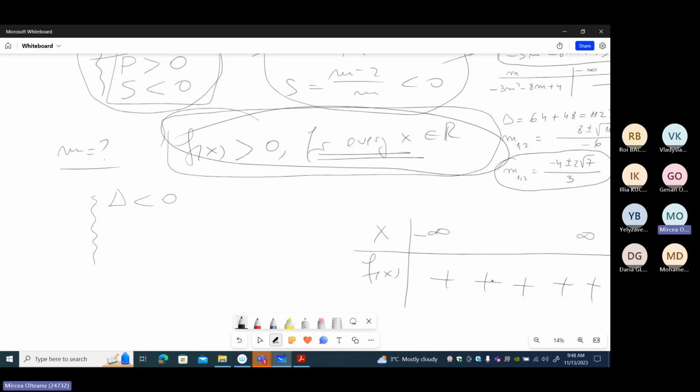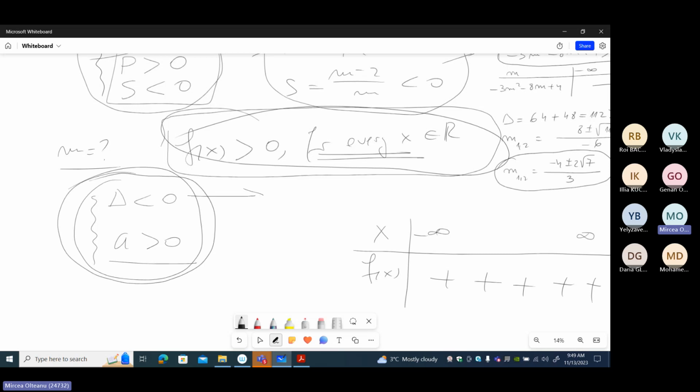And what sign? The theory says we have the sign of A, so A must be positive. So this is how I would write the condition. First of all, delta must be negative to have the same sign from minus infinity to plus infinity, and then A must be positive.